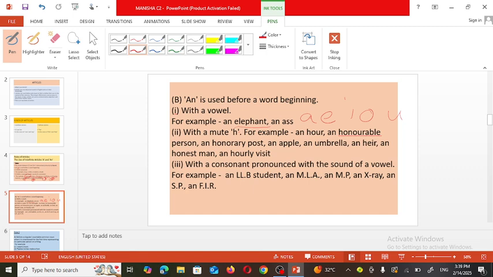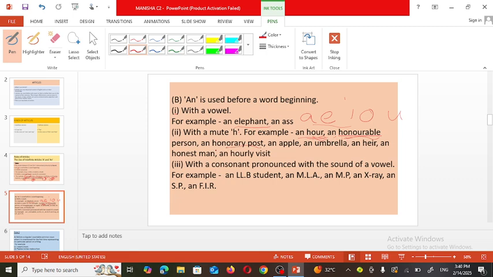But there are words that do not start with these vowel letters and still have the sound of these vowels. For example, an honorable person. Here it sounds like honorable, and that's why an will come before honorable person.